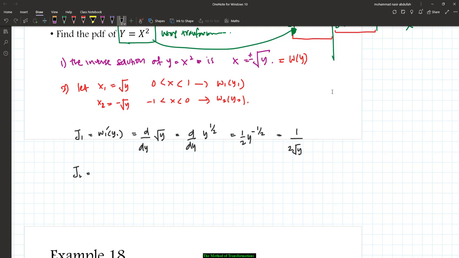And J2 is equal to W2 Y2. So this is the first derivative of W2 Y2. So this is d dy negative square root of y. Should be equal to d dy negative y1 over 2. So this one should be benda yang sama juga.